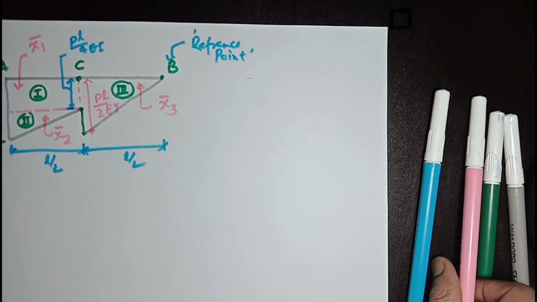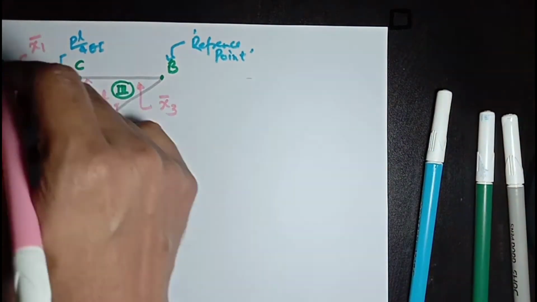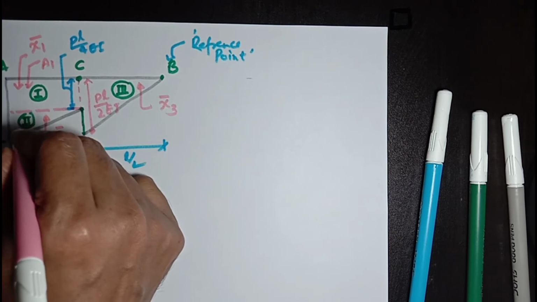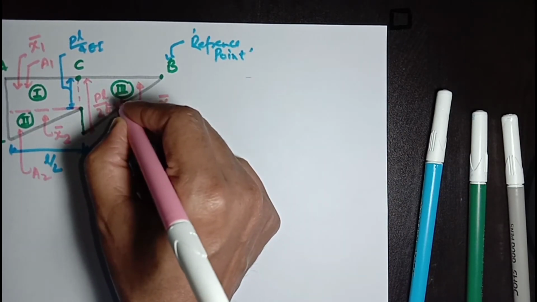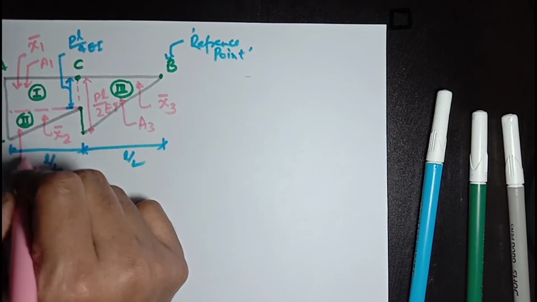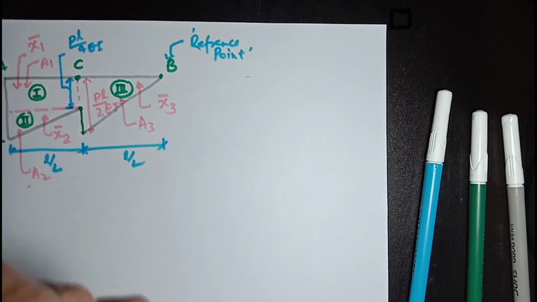Now first we shall calculate the area of these regions. This one is designated a1, this one a2, and this region a3. A3 is the area of region 3, a2 is the area of region 2, and a1 is the area of region 1.